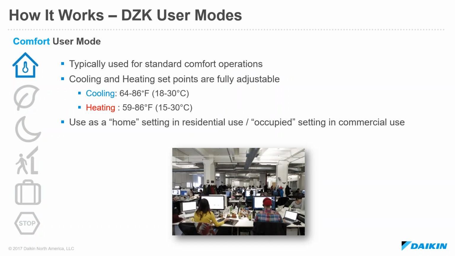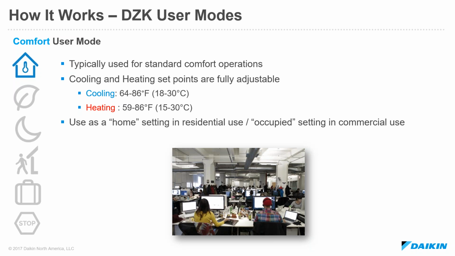So what user modes are actually available? There's a comfort user mode. That icon looks sort of like a house with a thermometer inside of it. The comfort user mode is pretty much the typical de facto standard comfort operation user mode.